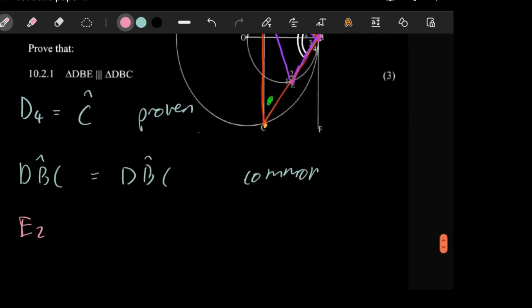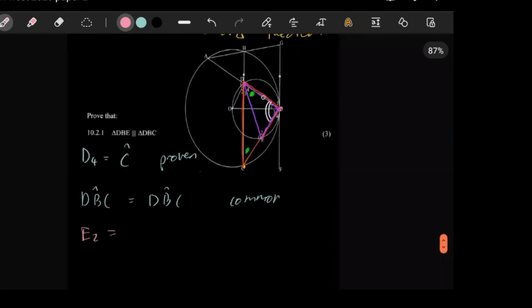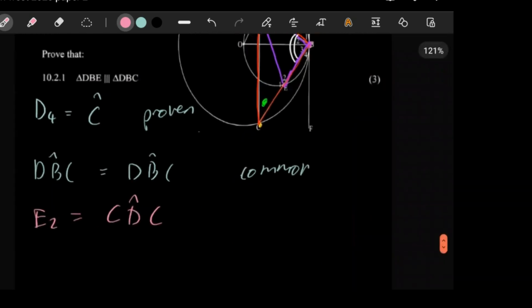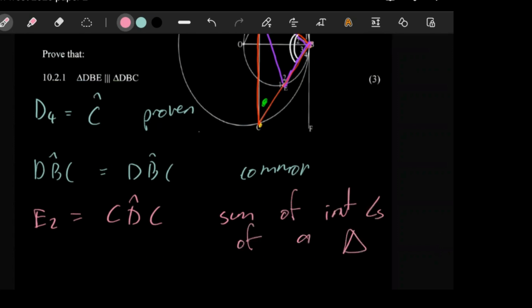So we're gonna say here E2 is equal to this one here for the red one, right? Which we can call CDB. CDB. So we're saying these are equal. The reason for that, we can just say here sum of interior angles of a triangle.